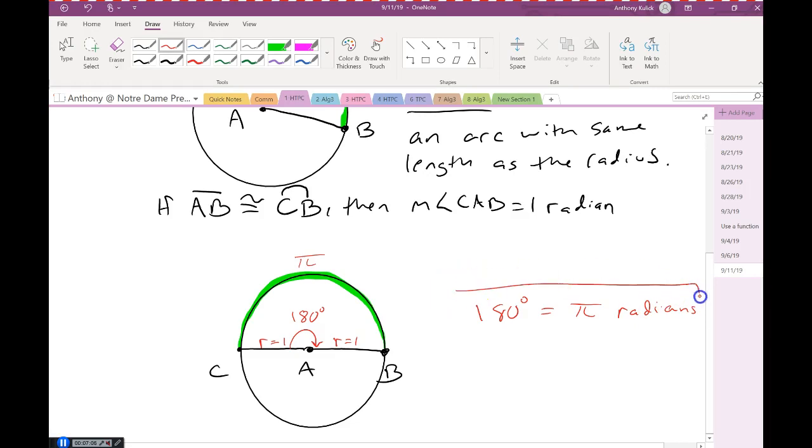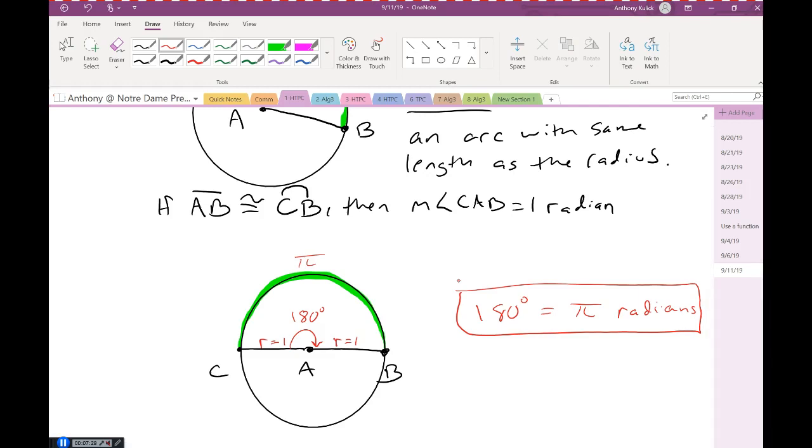That's my conversion factor that I'm going to be using. So notice when I write pi radians, there's no degree symbol for radians. The unit that we write there is just radians, or oftentimes when it's clear from context that we're talking about radians, we don't even write radians.